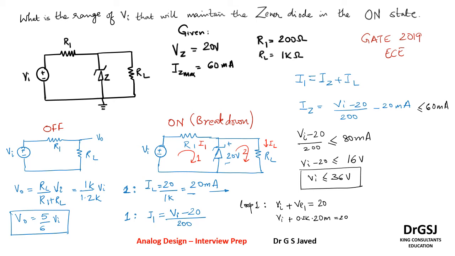So Vi is equal to 20 minus 4, which is 16 volt.